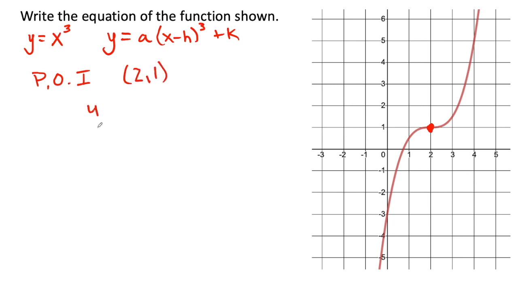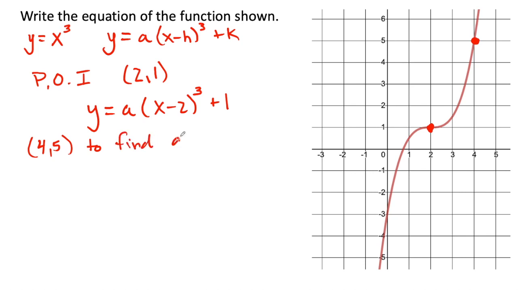So I know the general form is going to be y equals a times x minus 2 cubed, plus 1. Now I'm going to find a point on my graph, and it looks like I have the point 4, 5, to find the a value.